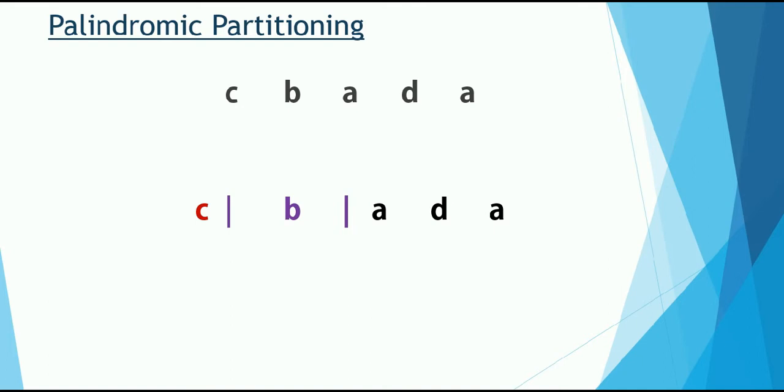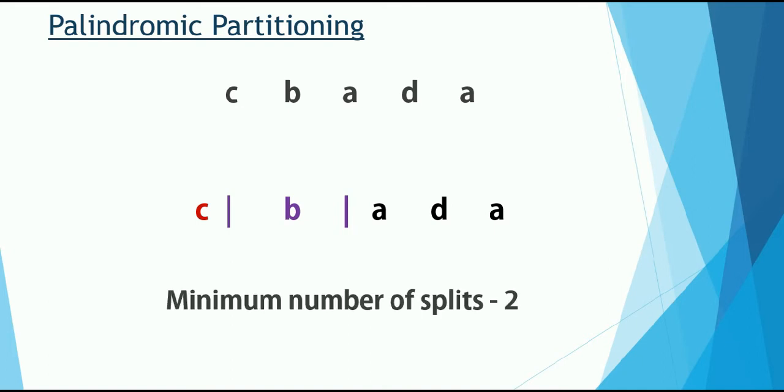So the minimum number of splits required to produce only palindromes as substrings is 2, and that is our solution. So let's jump to our framework where we are going to create a computing solution to reach this number 2 on this string CBADA.